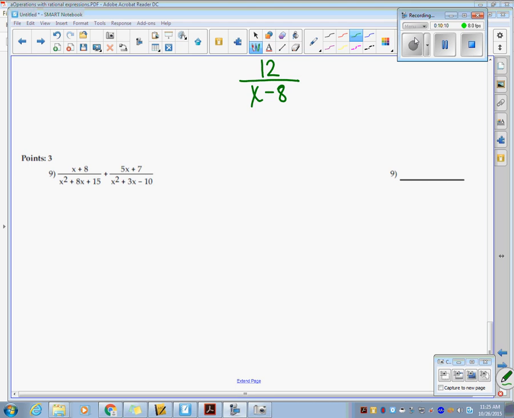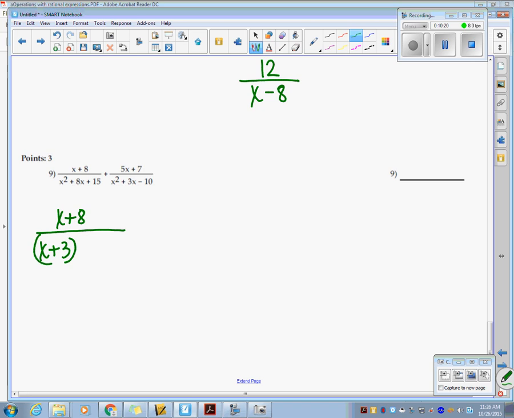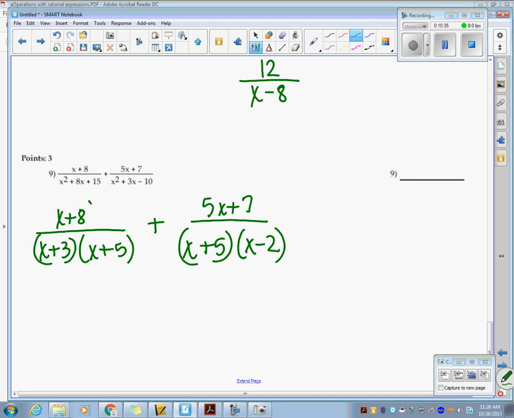These don't have the same denominator, so we're going to start by factoring x plus 8. This factors into x plus 3 and x plus 5. And this one factors into x plus 5, x minus 2. And so what we're thinking of is the least common denominator.